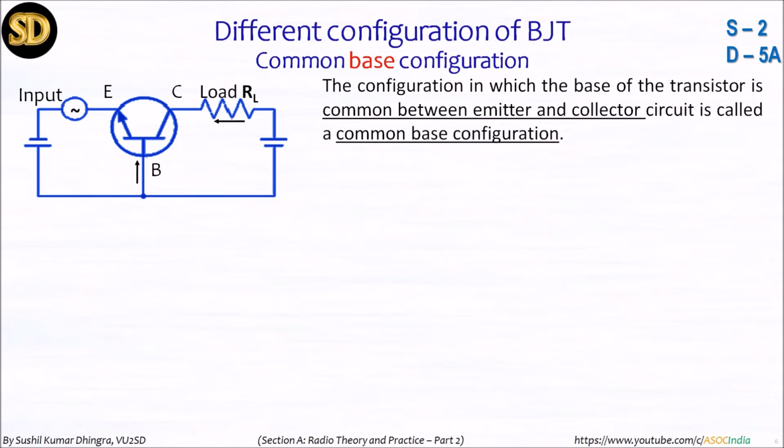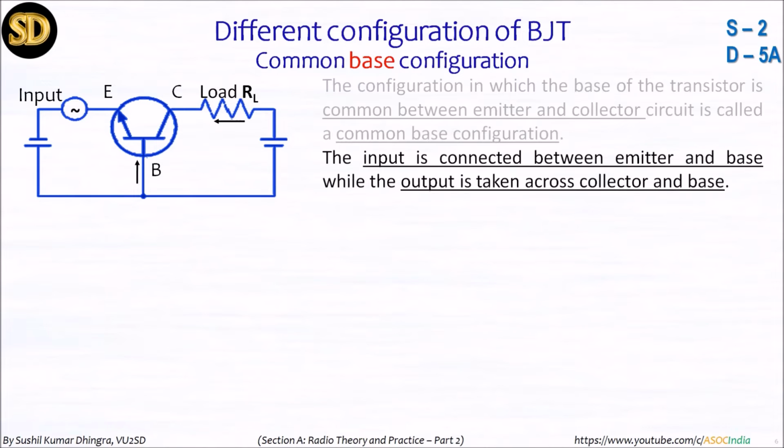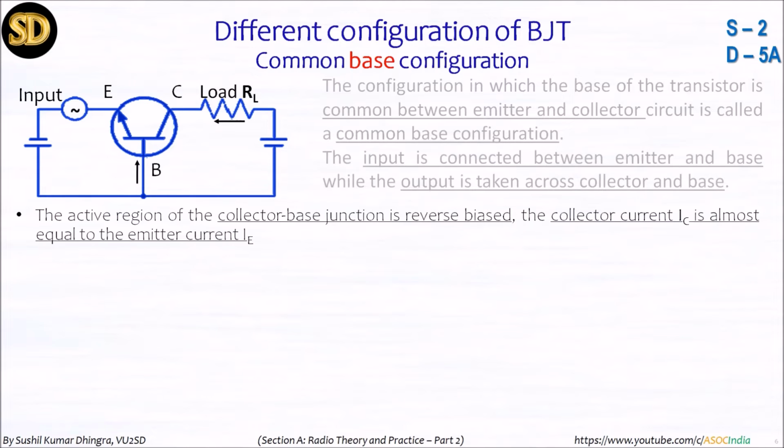The configuration in which the base of the transistor is common between the emitter and collector circuit is called the common base configuration. The input is connected between emitter and base, while the output is taken across collector and base, and base is common in both. The active region of the collector base junction is reverse biased. Listen carefully.